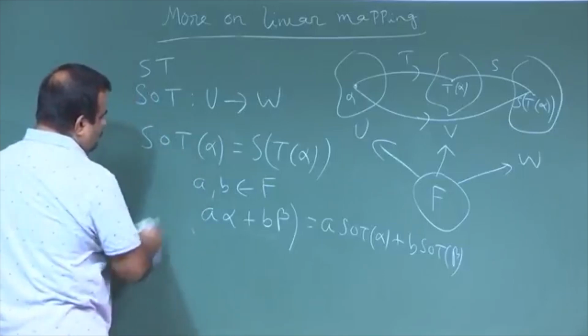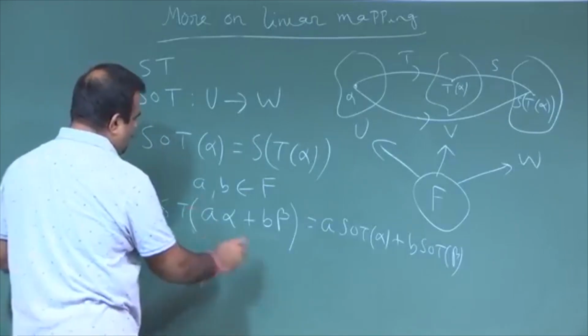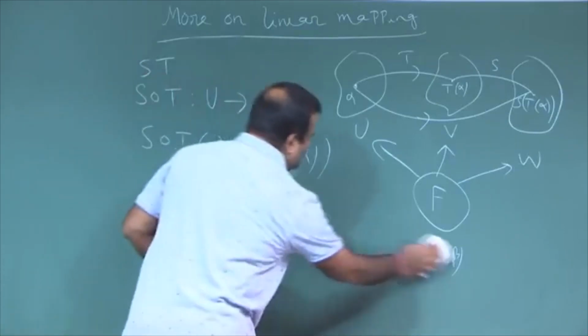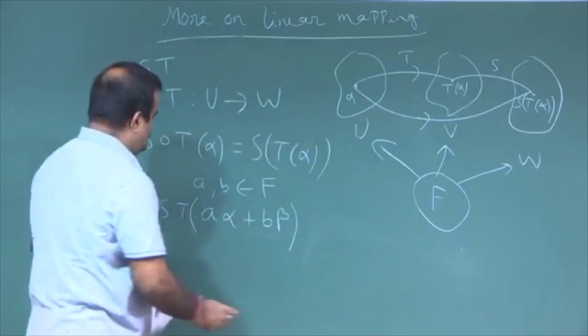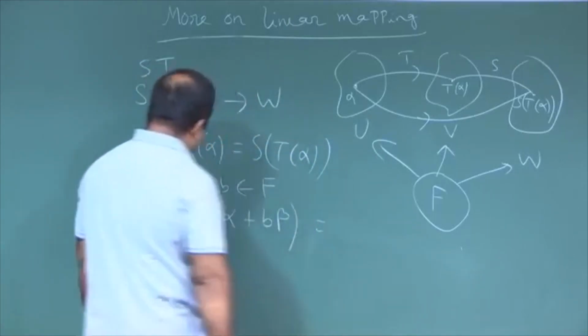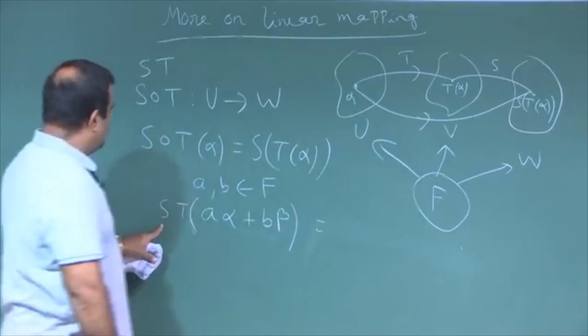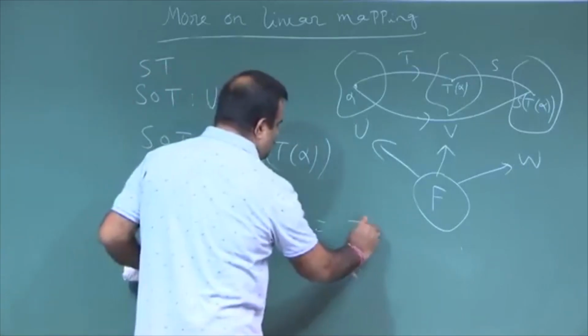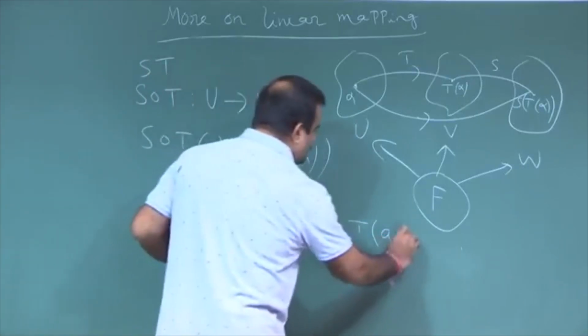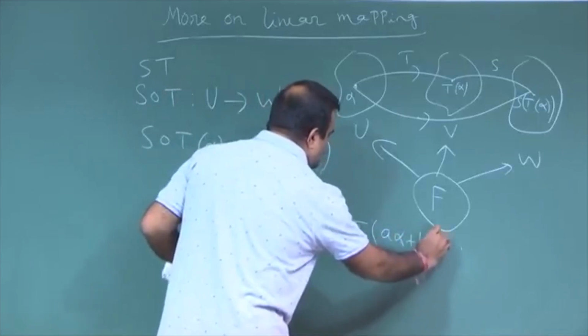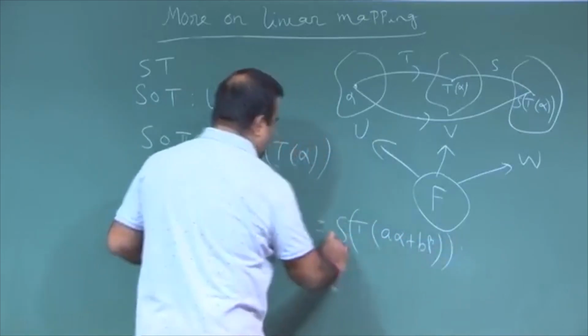S T of A alpha plus B beta is, by definition, we first apply T on A alpha plus B beta, then we apply S on this.